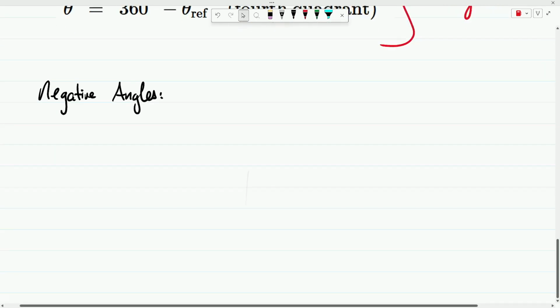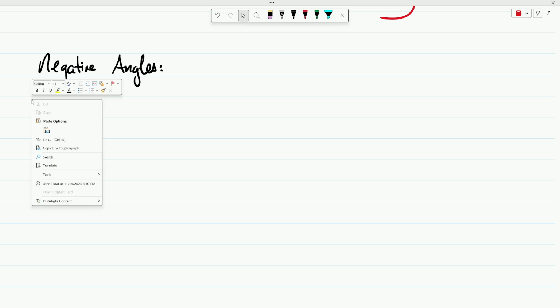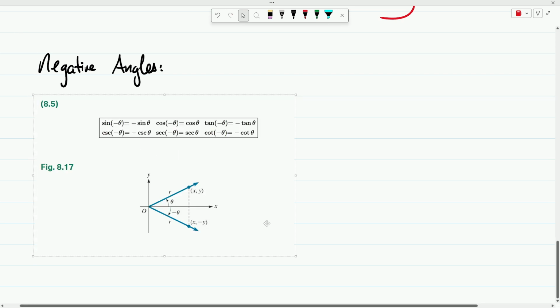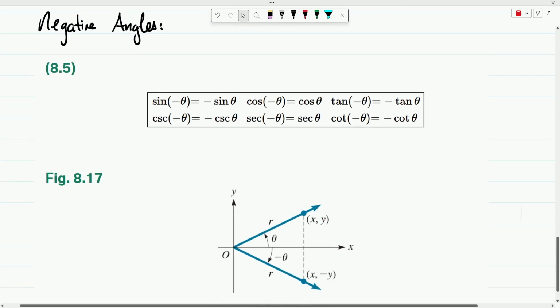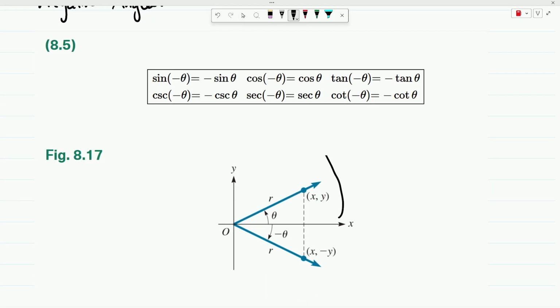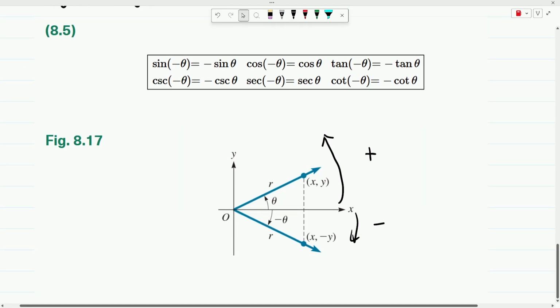Your book, once again, I'm going to just screenshot the book real fast because it gives an excellent description. It's right here. Whenever we're talking about negative angles, remember, going up this way is positive, down this way is negative. At the top of the screen right here are all the relationships. For example, the sine of a negative angle is equivalent to negative sine theta.